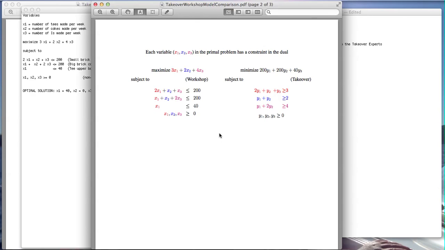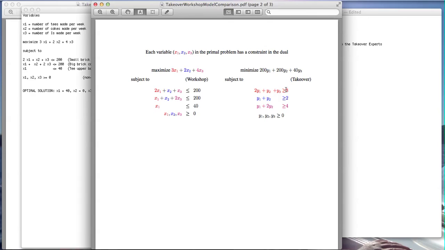The different variables are highlighted in different colors here, but let's focus on the T decision variable, x1. If I look at x1, its leading coefficients in the three constraints become the leading coefficients of the associated dual constraint. Remember, y1, y2, y3 correspond to each of the constraints in the workshop problem. So we're multiplying y1 by the leading coefficient of x1 in the x1 constraint, and then we do the same thing with y2 and y3.